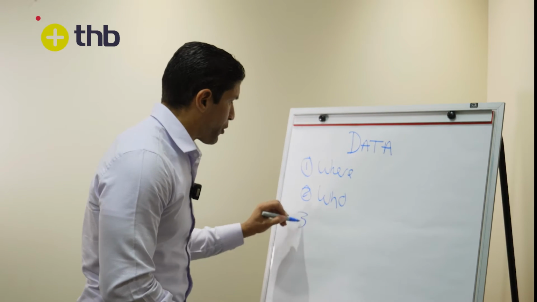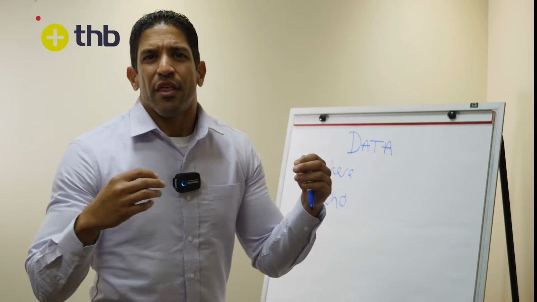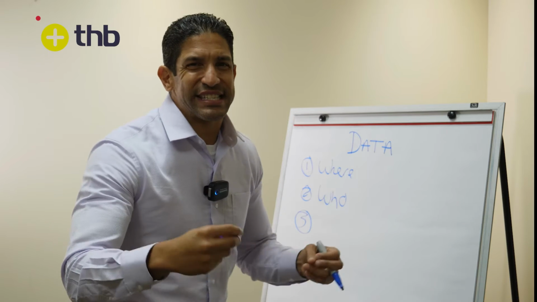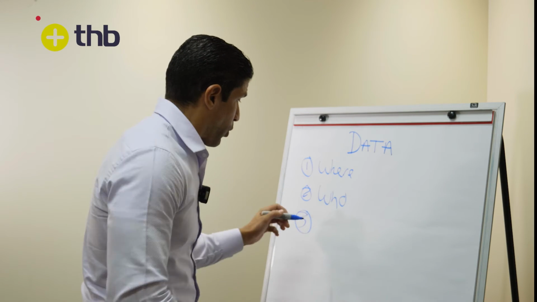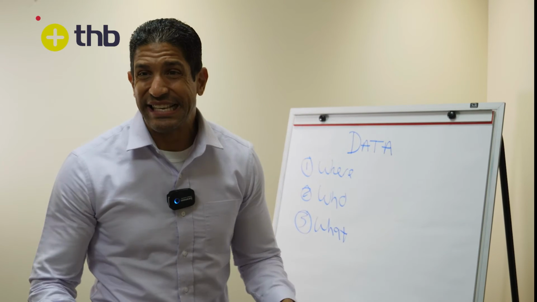And the third piece that we talk about is really going to be the nitty-gritty, the types of services, the individual services that are being rendered. So we're going to talk about the what. What services is it?